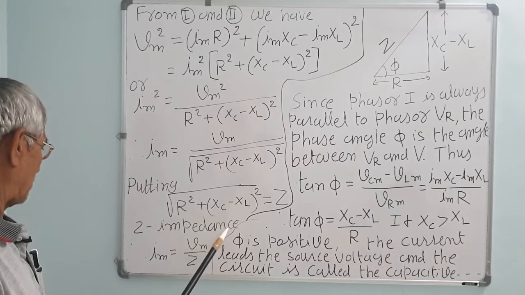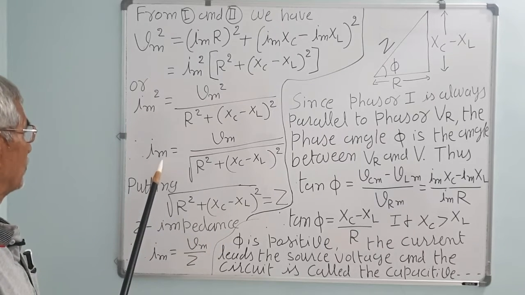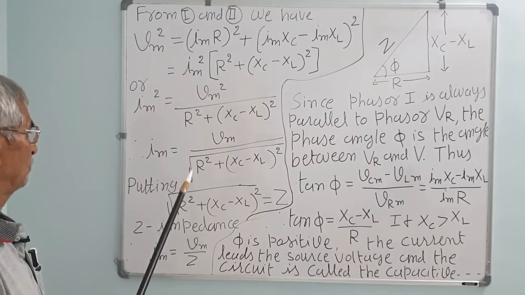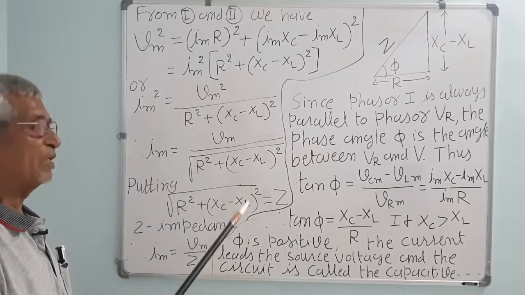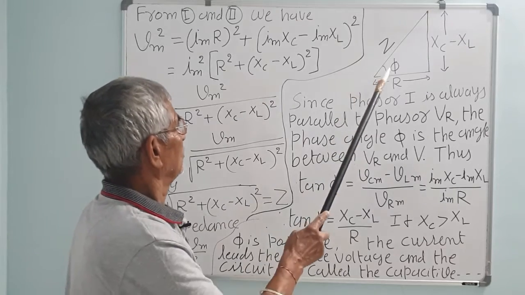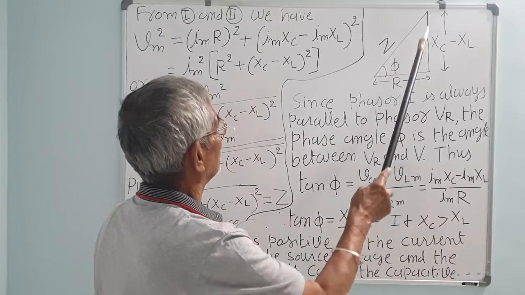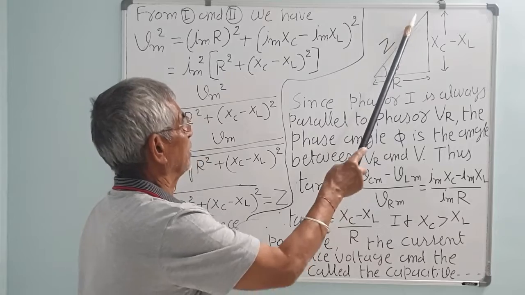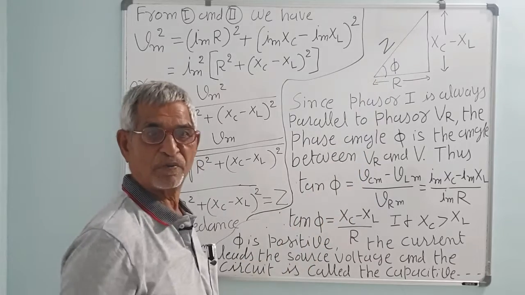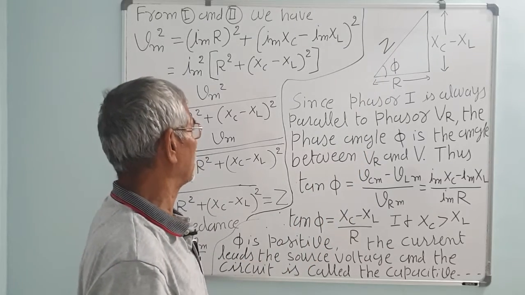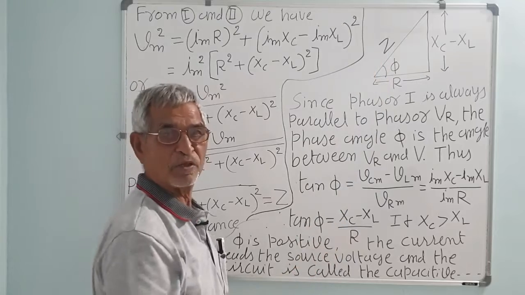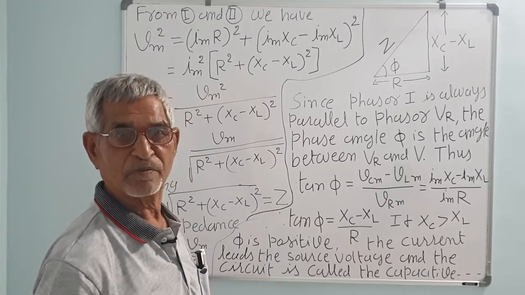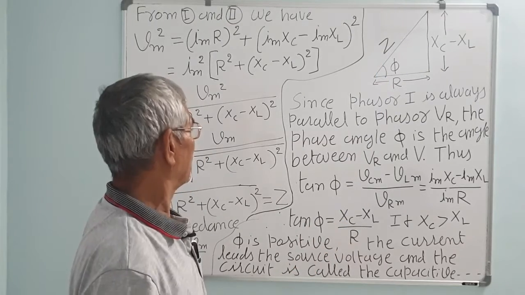It is called impedance, so Im is equal to Vm upon impedance Z. This is the phasor diagram of this. So this is Xc minus XL and this is R, this is Z, the total effect of resistance, inductor and capacitor. Z is equal to under root R square plus (Xc minus XL) square, correct?